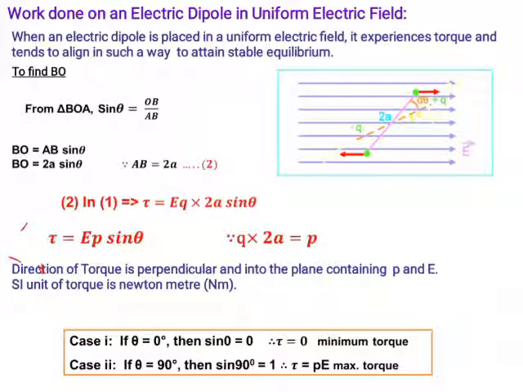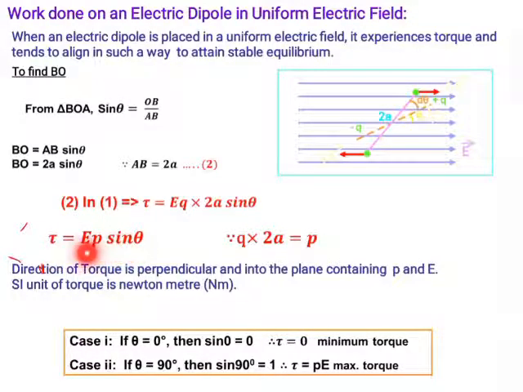Looking at this diagram, we can study two cases. Case number 1: suppose the angle theta is 0. Then what is sin 0? Sin 0 is 0. If I substitute this value in the expression, torque will definitely become 0.